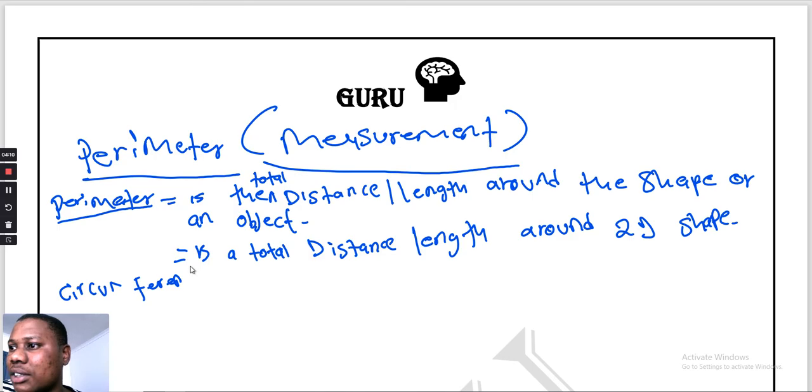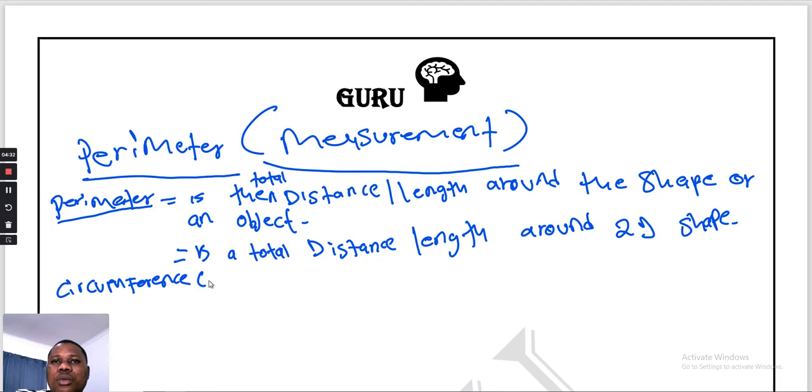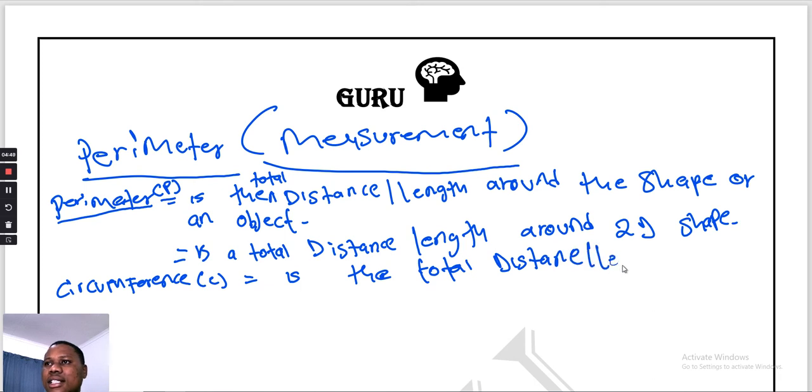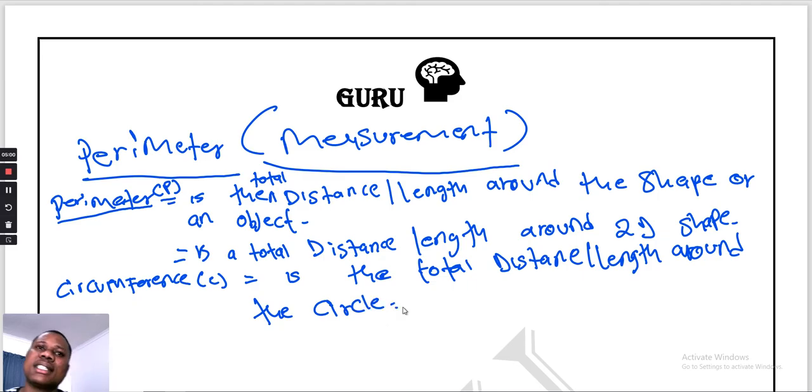The circumference we will denote by the letter C, and the perimeter by the letter P. The circumference is the total distance or length around the circle. Simple as that.